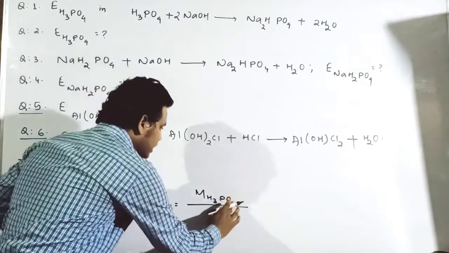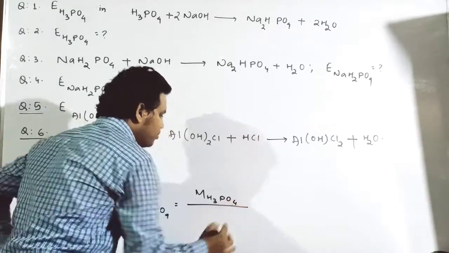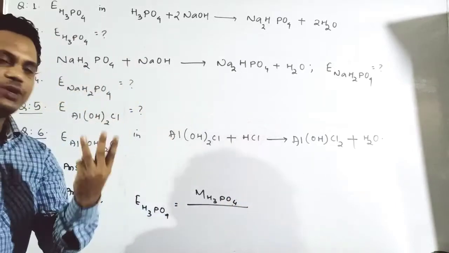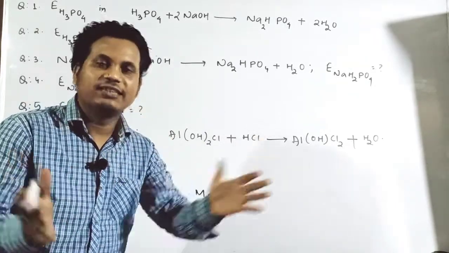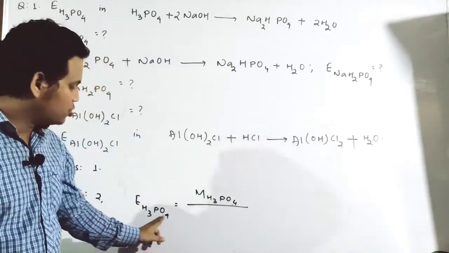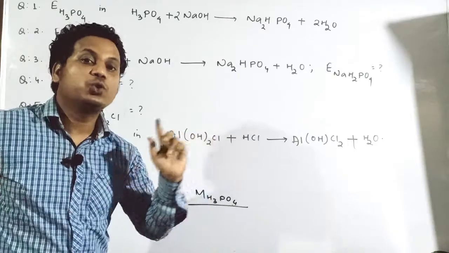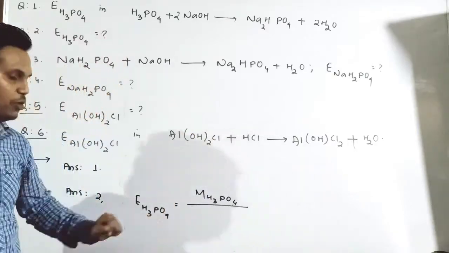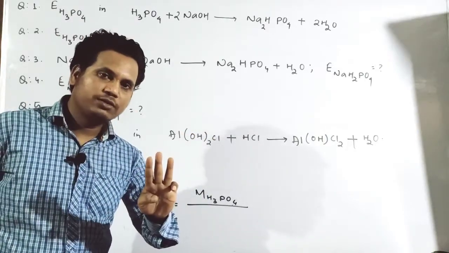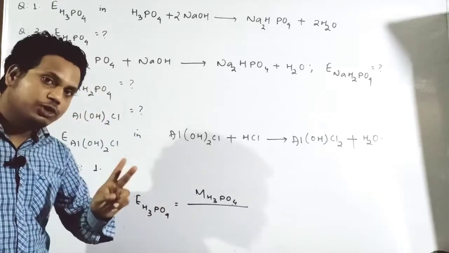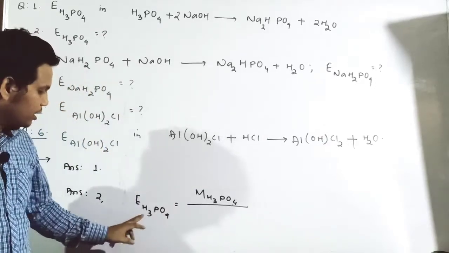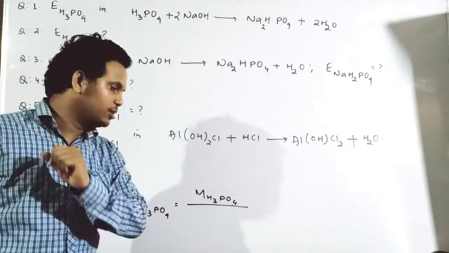And we know that H3PO4 has basicity 3. This we have discussed in detail. For H3PO4 basicity is 3, for H3PO3 basicity is 2, for H3PO2 basicity is 1.